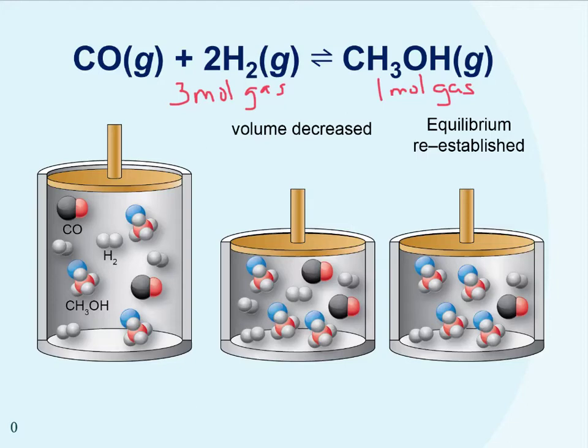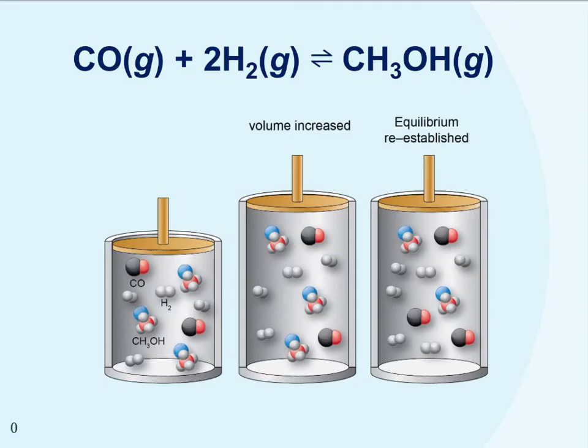As volume decreased, the pressure increased, and so I want to do some change to my system that's going to counteract that increase in pressure. So if I look here in the middle panel, I have 1, 2, 3, 4, 5, 6, 7, 8, 9 gas molecules, whereas over here I have 1, 2, 3, 4, 5, 6, 7 gas molecules. So I'm lowering the pressure, so I'm counteracting that. Le Chatelier's principle tells me the reaction is always going to respond to do the opposite of whatever the change did.